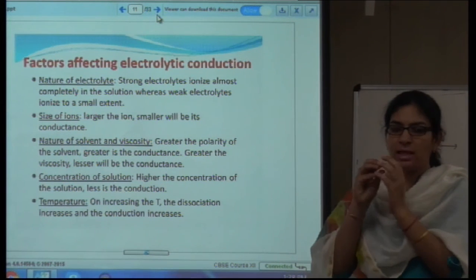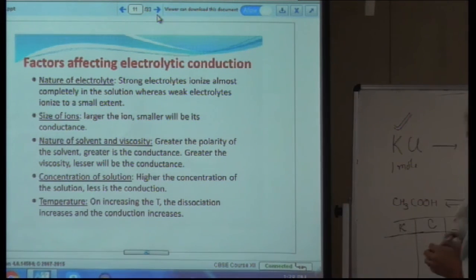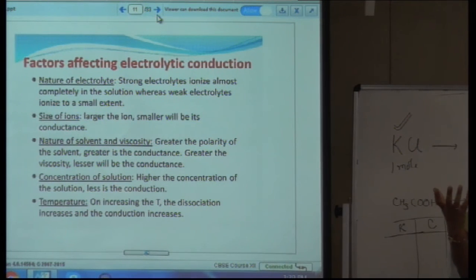See, if you have a small cation, water molecules get associated with it like this, and this tendency to get hydrolyzed is more if the size of the cation is small. Smaller cations have a higher degree of hydrolyzation. Now you would expect that a smaller cation will conduct more electricity compared to the bigger one, right?